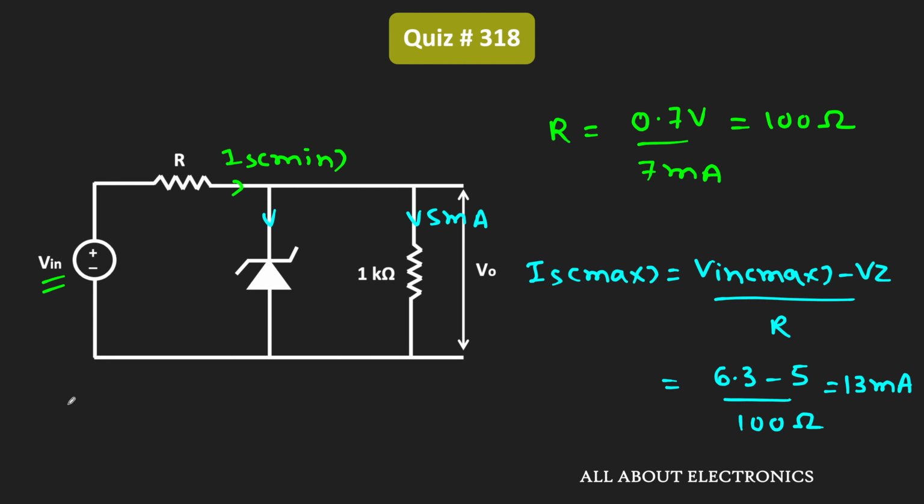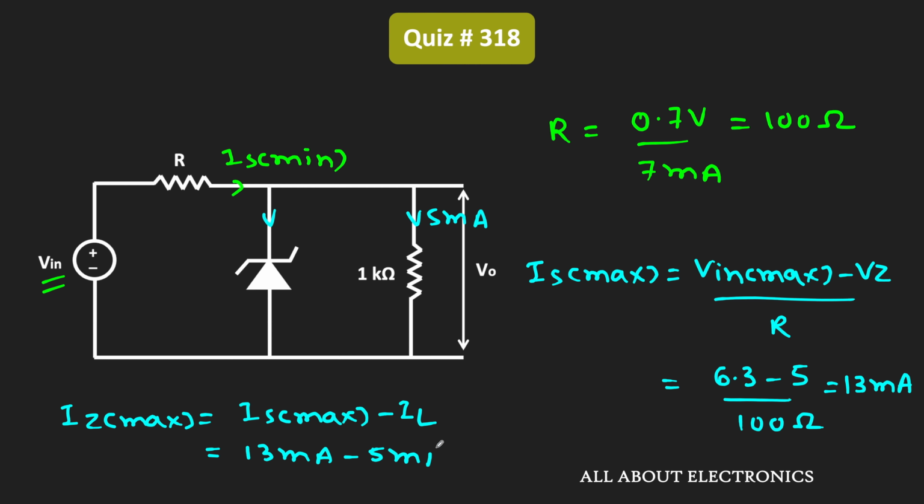So from this we can say that for the given circuit, this Iz maximum is equal to this Is maximum minus IL, that is equal to 13 milliampere minus 5 milliampere, that is equal to 8 milliampere. That means the Iz max is equal to 8 milliampere, and this current will flow through the Zener diode when the input voltage is maximum.